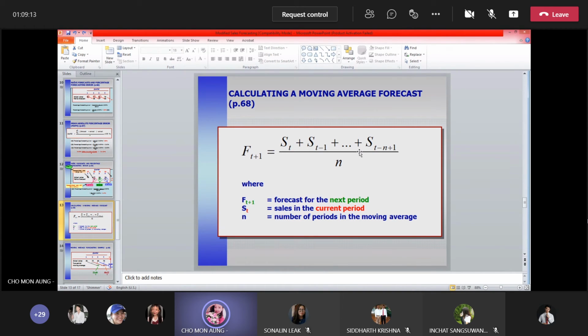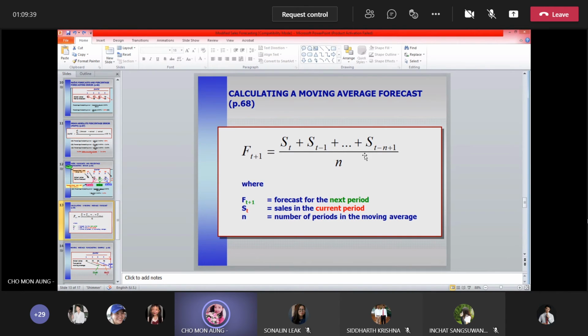For moving averages, this is the formula we have to follow: F(T+1), for the next period. We have to consider the actual sales of current, actual sales of last period, actual sales of 2 periods ago, and so on, and here how many periods we use in the calculation.